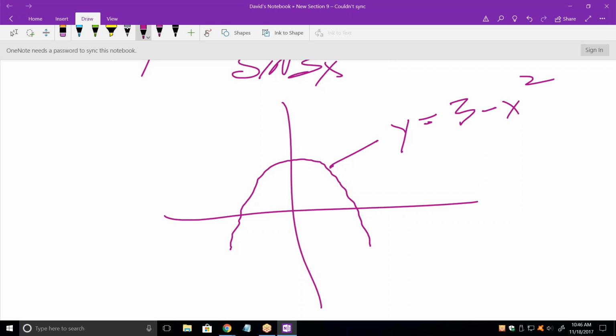The question is I want to put a box under this parabola, a rectangle rather, and I want to draw the rectangle that has the greatest area. Now notice I could draw that rectangle perhaps like this. That might be a bigger area. Or maybe I should draw it flatter like this. That might be a bigger area.